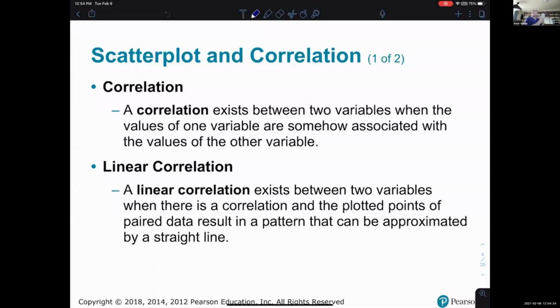between those two variables is if there was some association between how tall someone is and how much they weigh. The simplest kind of correlation might be that when the values of one of the variables gets larger, you see a correlated or corresponding increase in the values of the other variable.